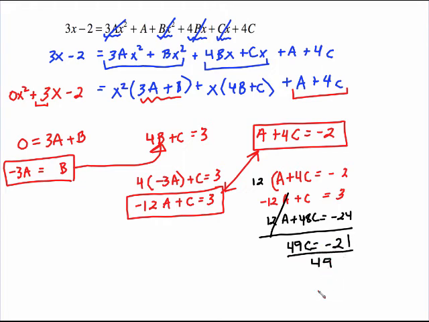Divide by 49 and simplify by 7, and I get C is negative 3/7. Where I go with that can go into either one of these to solve for A. I'm going to plug into the top one because in this equation A doesn't have a coefficient, so that will make the solving a little bit easier at the end.